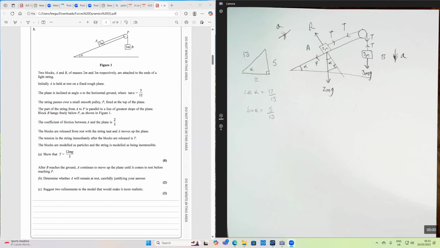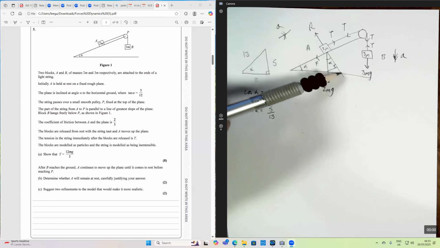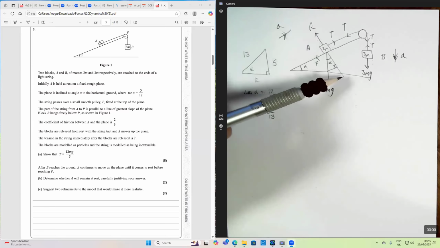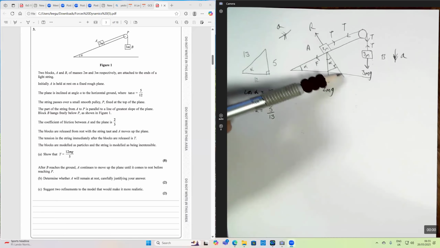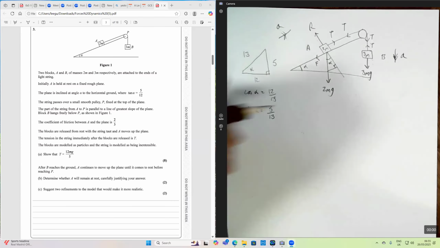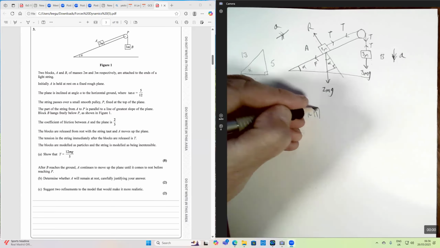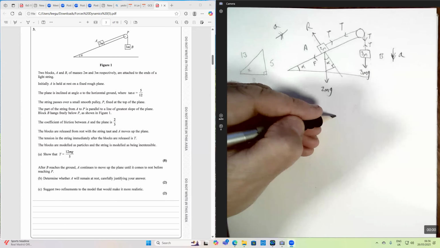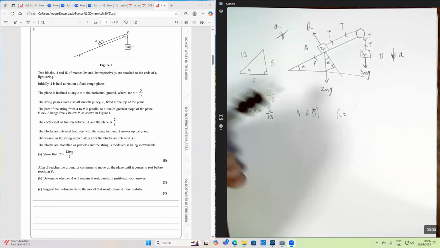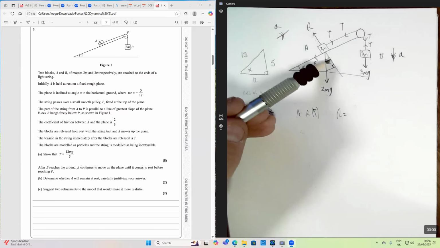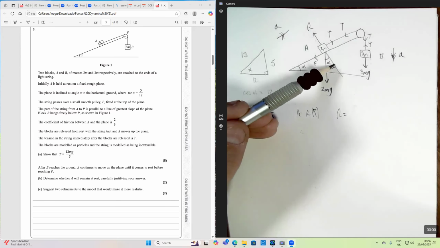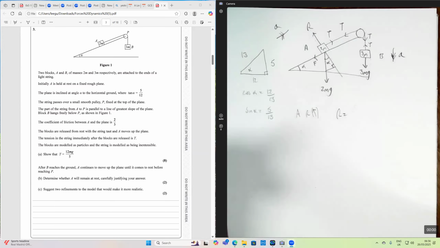So first of all, in questions of this type, this is an A2 question because we've got friction as well. Step 1 is I would always find out what R is by resolving perpendicular to the plane for A. So for particle A, we're going to resolve perpendicular to the plane. And let's see what that gives us. That's going to give us that R is equal to mg cos alpha, because this side is the adjacent, so cos alpha for that side.